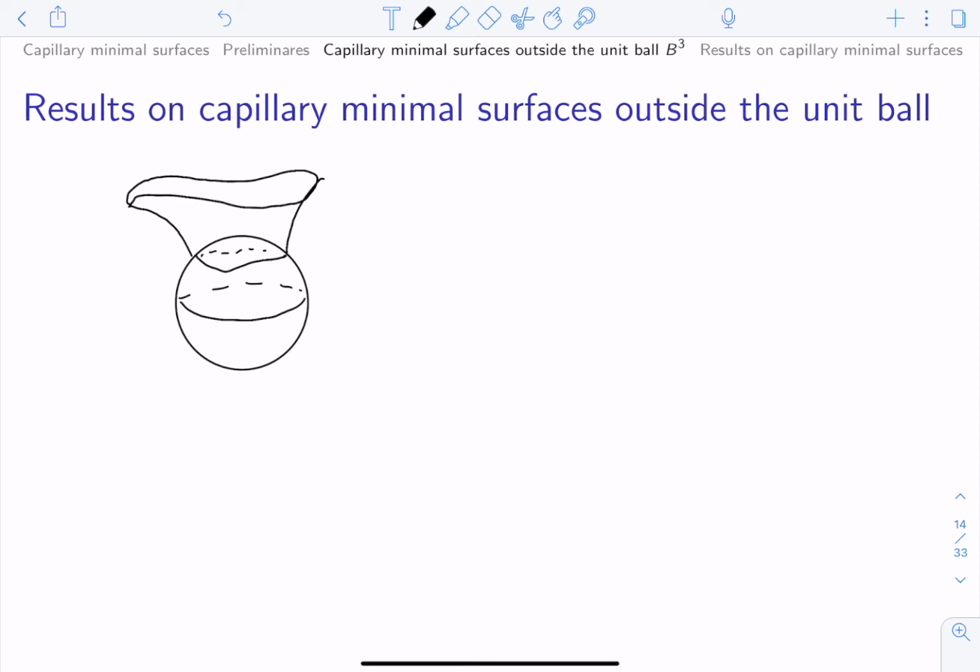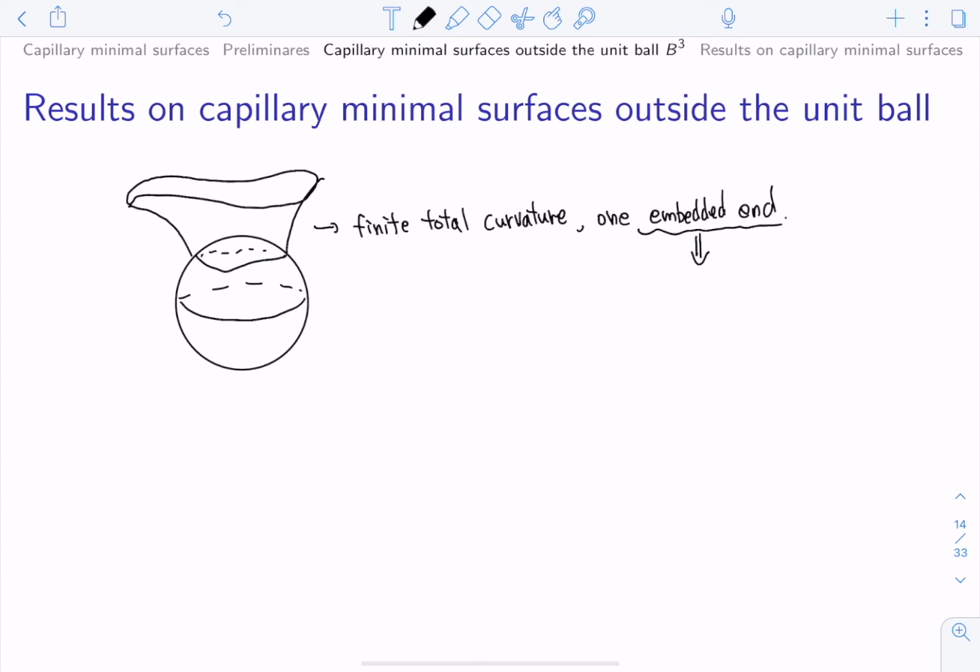So if we impose restrictions for the surface to have finite total curvature and one embedded end, this embedded end can be explained by the Weierstrass data also.